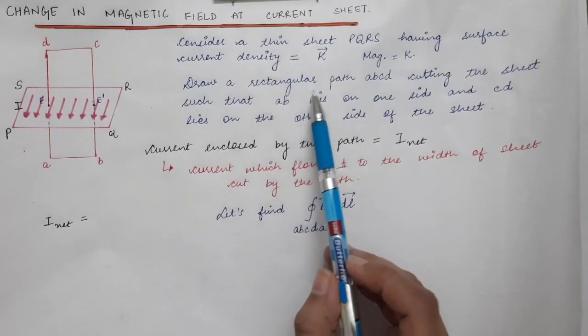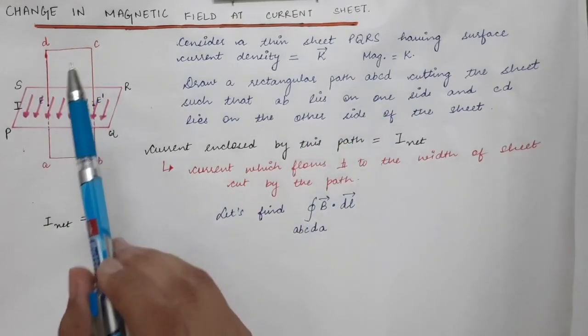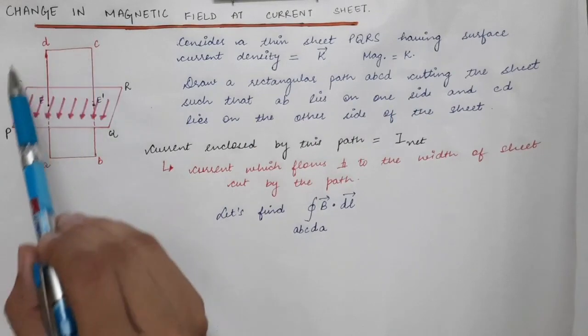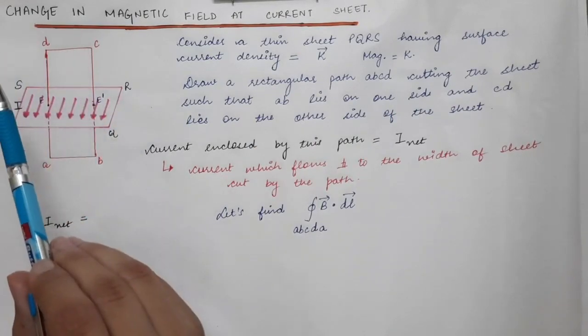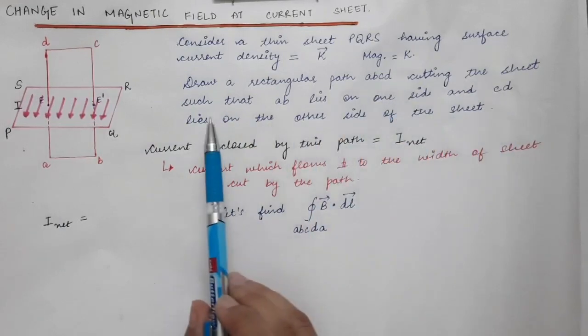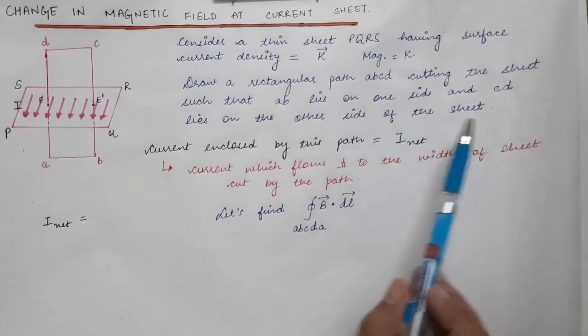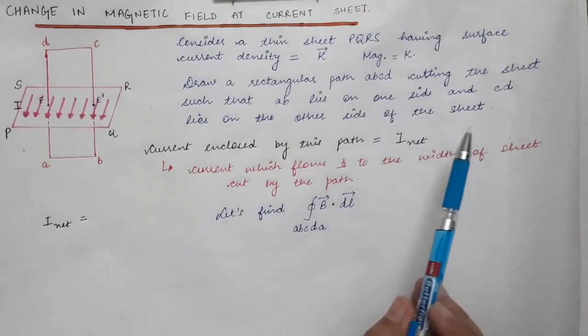So we draw a rectangular path A, B, C, D, and in this rectangular path we will be moving in anti-clockwise direction. This rectangular path cuts the sheet such that AB lies on one side and CD lies on the other side of this sheet.